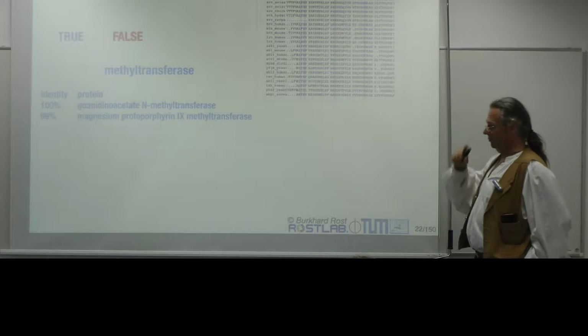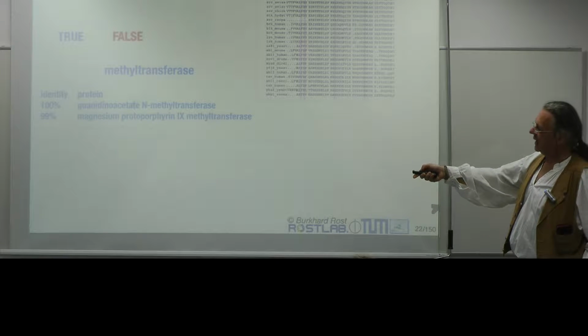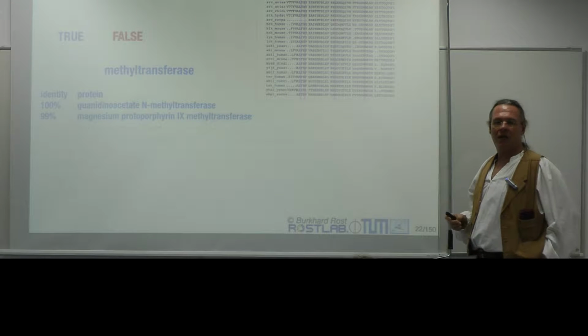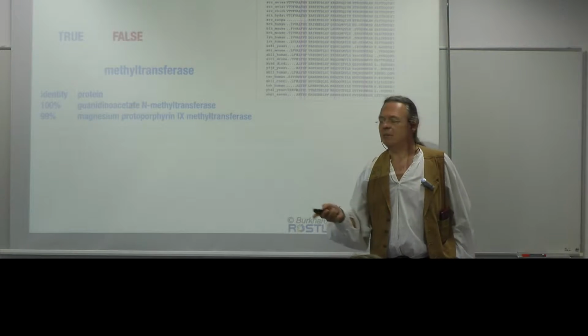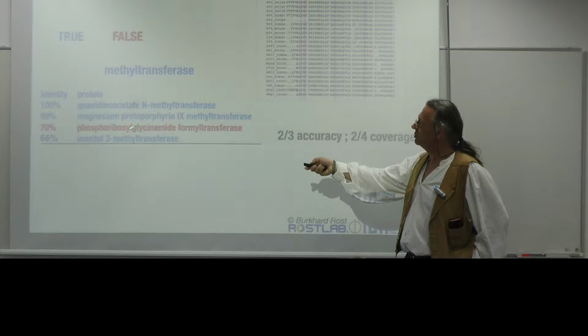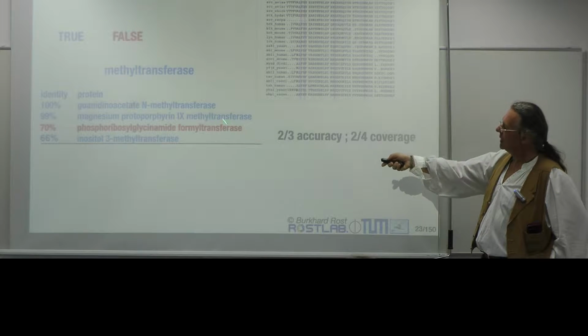Say I put my threshold for what I call similar enough in sequence at 100% sequence identity. I'm sort of right, forgetting about moonlighting proteins. I'm putting my threshold at 99%, I'm getting it right. And then putting it at 70%, I see I get the first wrong one here. It is a transferase, but it's a formyl transferase.